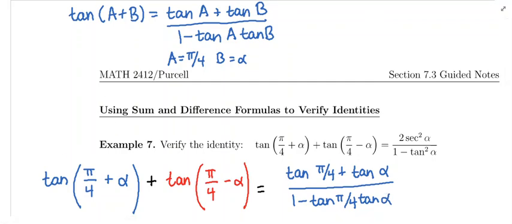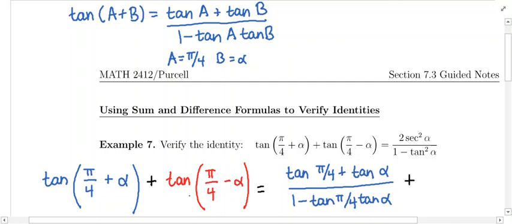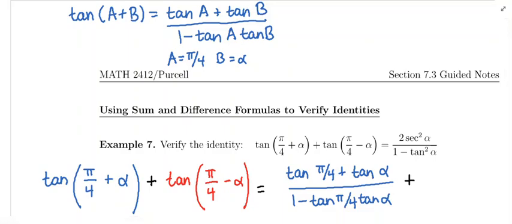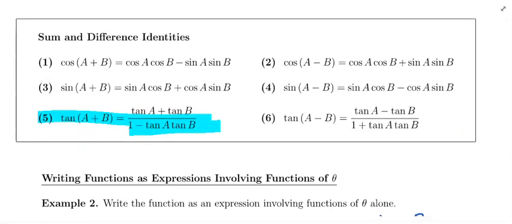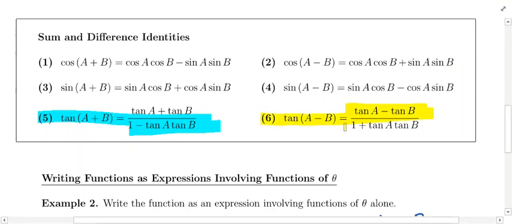Now we need to add the red quantity. We're going to do the same thing. For the red quantity, we need to apply the difference formula for tangent. So going back to page 1, we need to now apply formula number 6, because we have the tangent of something minus something.